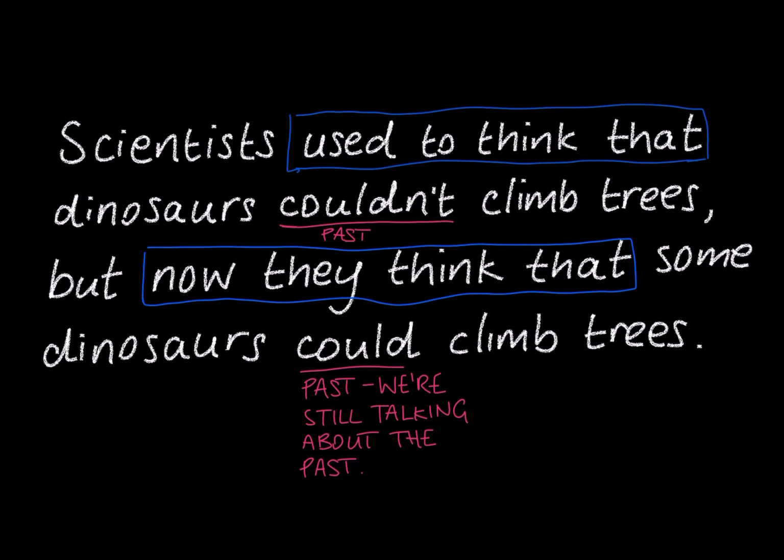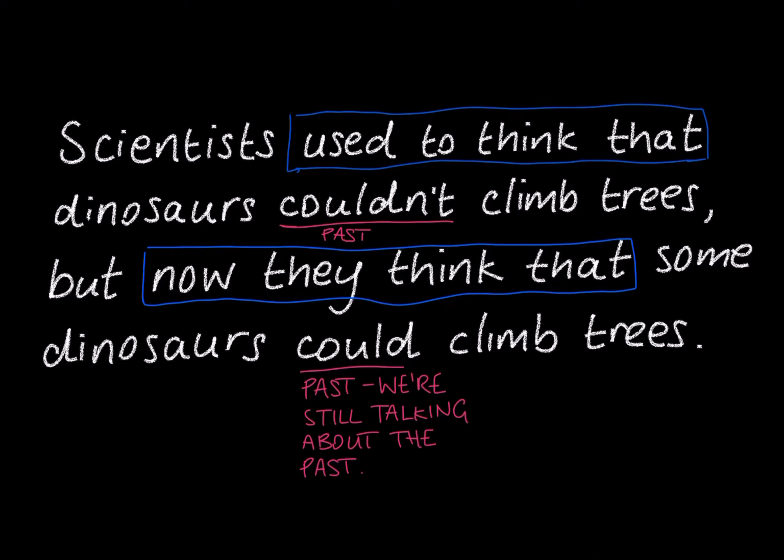Now, why have I used the past twice? Why am I using could to talk about what they now think? It's very simple, because we're still talking about something in the past, okay? So now they think, okay, this is the present, but we can't say now they think some dinosaurs can climb trees because there are no dinosaurs.